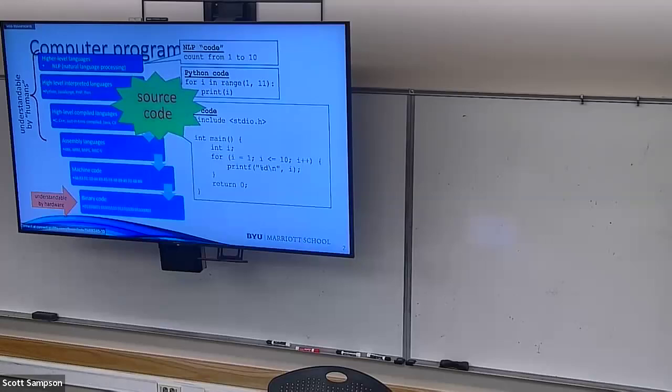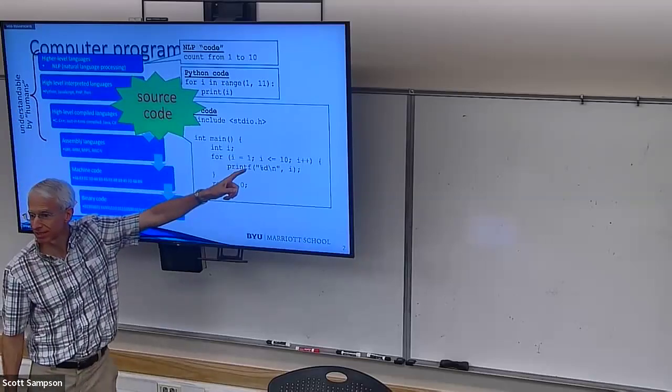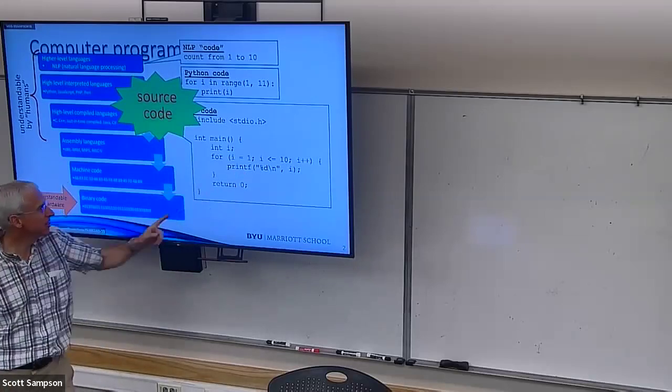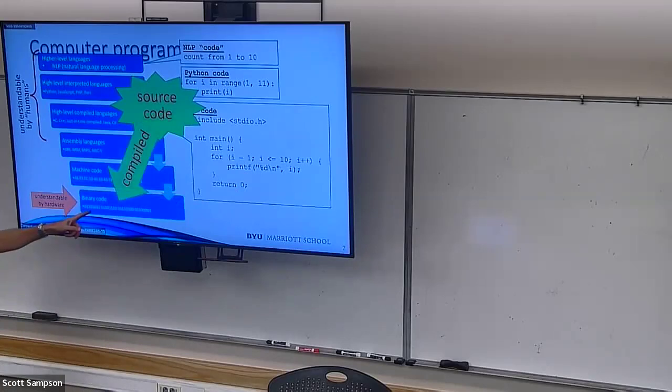I already did that. So this is source up here. This is the source. This down here is the binary. We compile it from the source to the binary, and you can run the binary, and the computer understands it, unless it's interpreted.